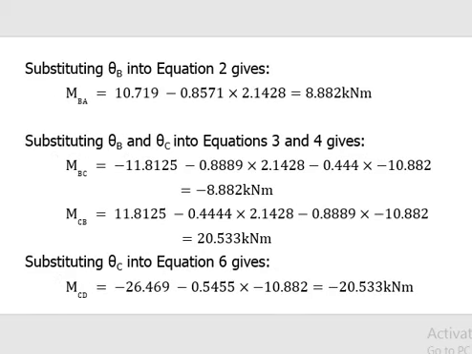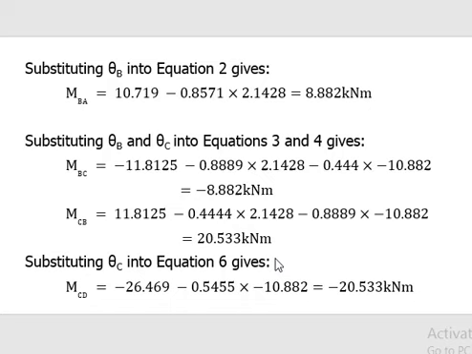Substituting theta B into equation 2 gives MBA as 8.882 kilonewton meter. Substituting theta B and C into equations 3 and 4 gives MBC as minus 8.882 and MCB as 20.533 kilonewton meter.